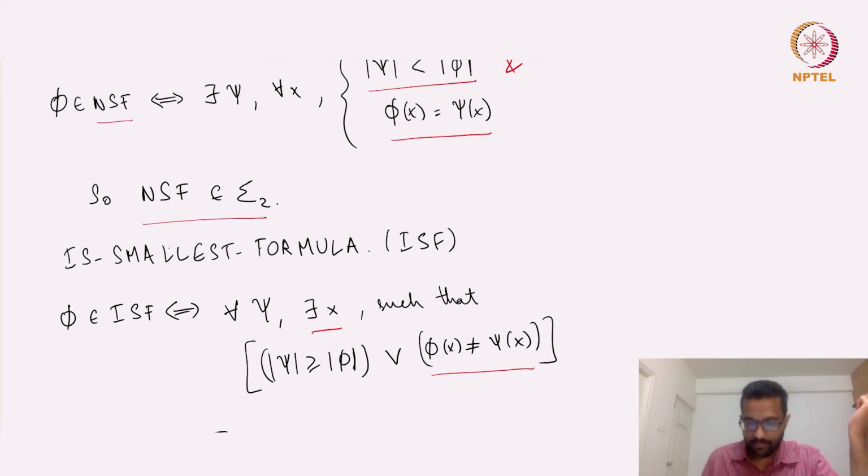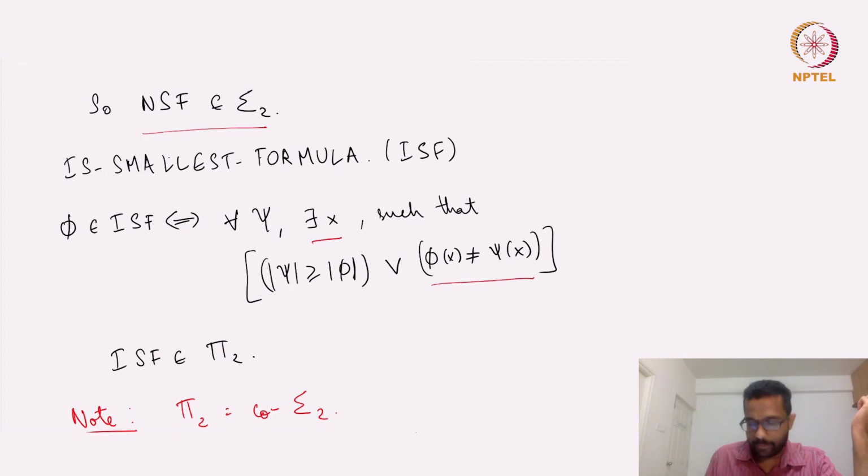So this is a pi 2 representation, because the for all quantifier comes before the there exists quantifier. The universal quantifier comes before the existential quantifier, right? So this is the pi 2 language. Smallest formula is in pi 2, and you can see that smallest formula and not smallest formula are complement languages.